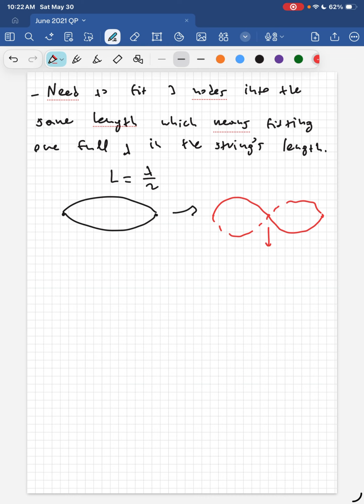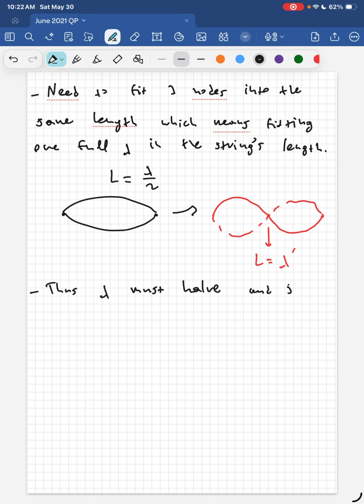So in this case, L is going to be lambda, let's call it lambda prime because it's a different wavelength. So the wavelength, thus lambda, must halve.